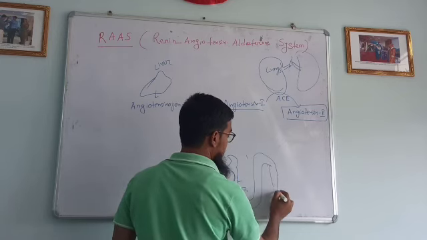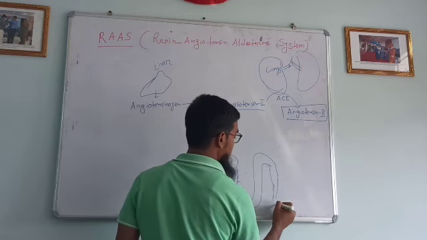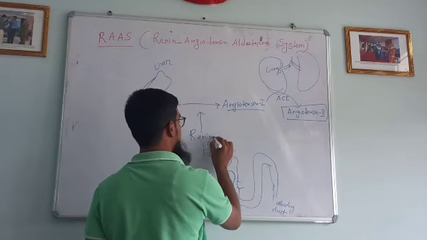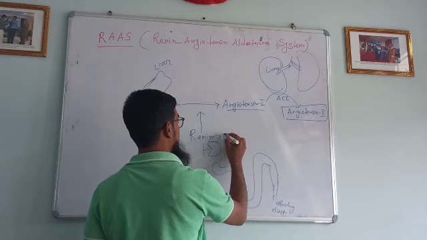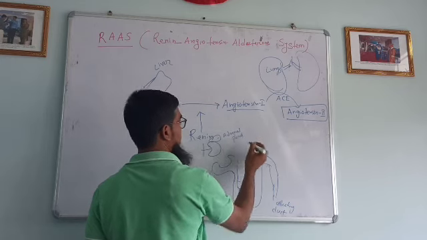How does it regulate? This is the nephron, this is the collecting duct, and this is the adrenal gland.